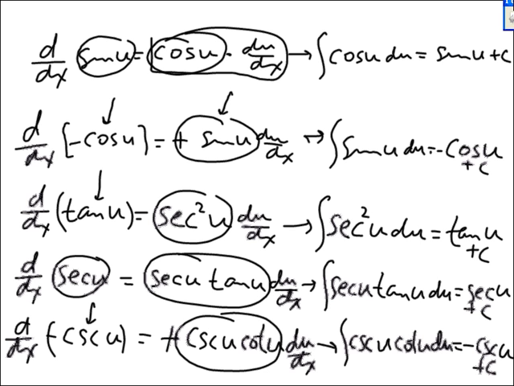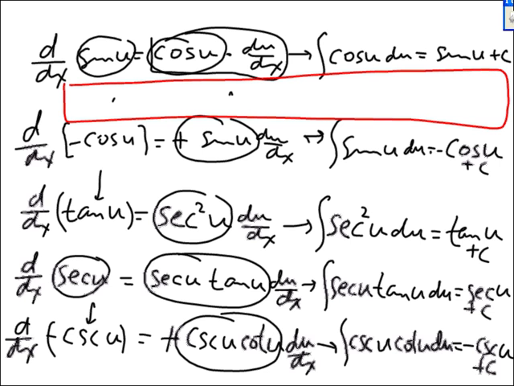Just like before, I ran out of room for the last one. Let's try to get it between the first and the second one. I'm going to sneak it in right here. Since the derivative of cotangent of u was negative cosecant squared of u times du/dx, multiplying both sides by negative 1, we get that the derivative of negative cotangent of u is cosecant squared of u du/dx.